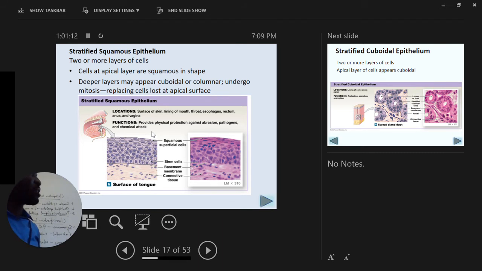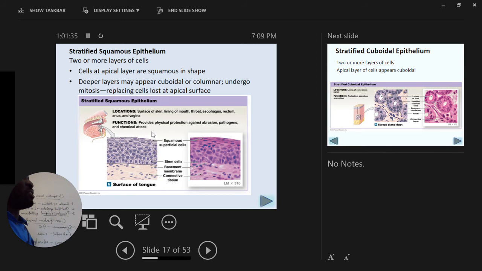Then if the cells at the top are flat, it is stratified squamous. If the cells at the top are cuboidal, then it is stratified cuboidal. Make sense? Good. Now, deeper layers may appear cuboidal. Can you see? The cells at the basal membrane can appear cuboidal or columnar.